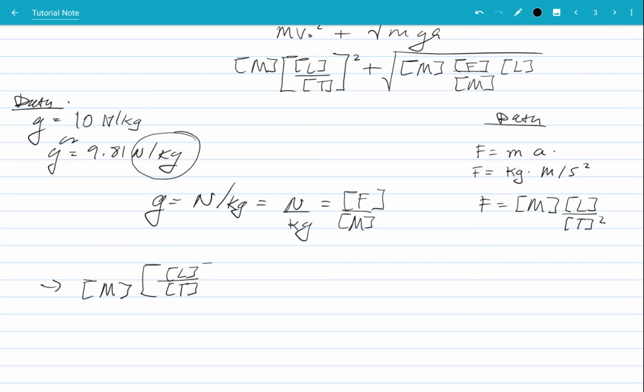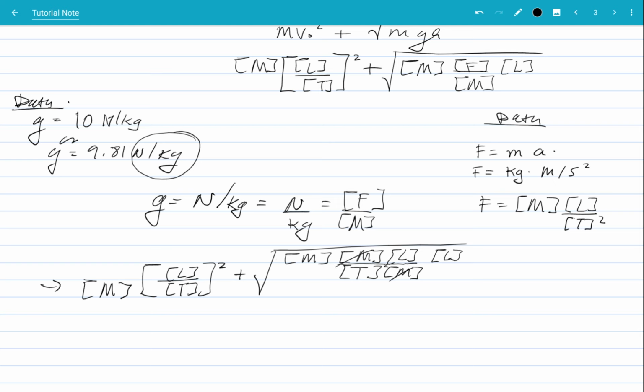So my final answer will be m, then the root of this will be L over T squared, plus the root of m, and I get my force, which is m with L over T squared, and then I have L. Even if I tried my luck in cancelling this out, this will still not be the same.